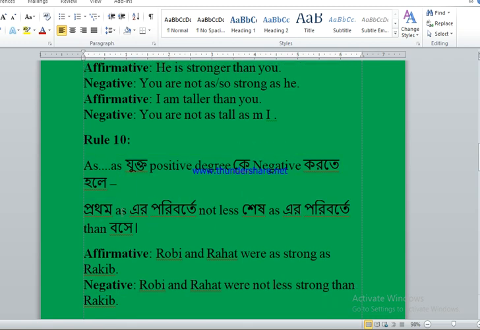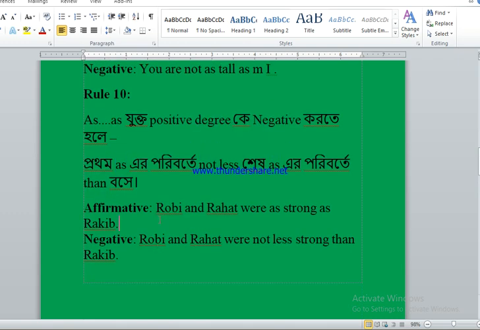First you will change as into not less, then as, then than. You will be more clear when you see the example.